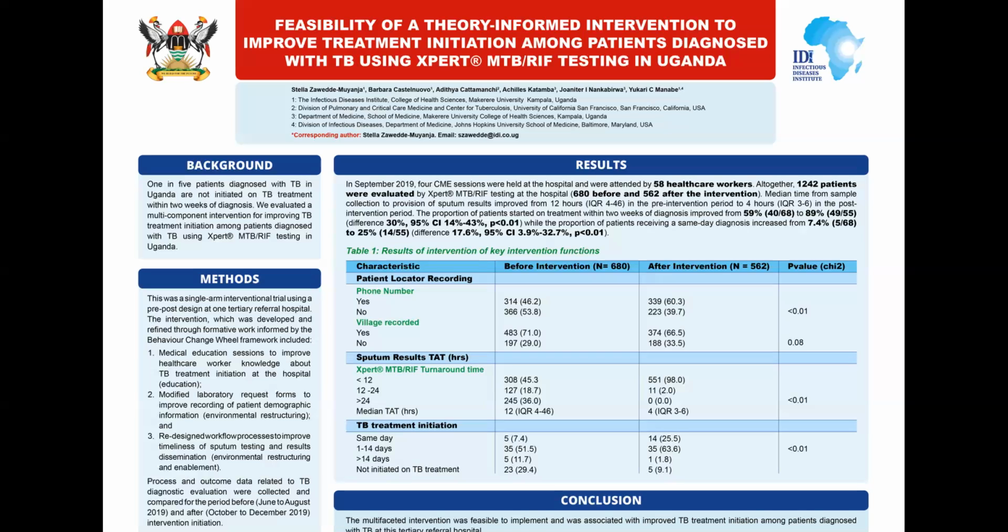After the intervention, this proportion increased to 60.3%. The proportion who had a full address, including the village, did not improve significantly. This was probably because the healthcare workers focused on getting a phone number in order to communicate results via the phone.